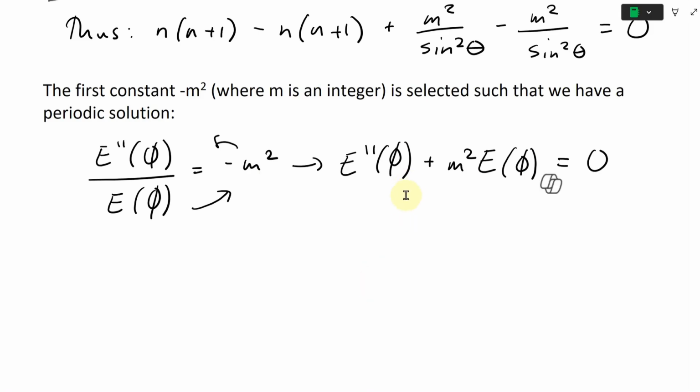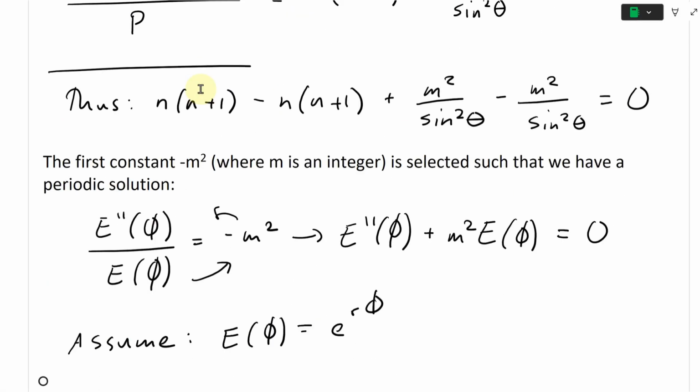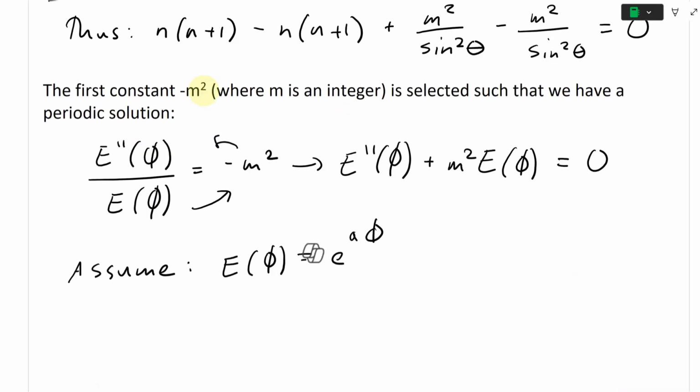But nonetheless, to solve this, what we'll do is assume that phi, so you can find a solution that's an exponential, equals e to the r phi. Actually, instead of using r, because we already have r here, I'll just call it a. So e to the a phi. Now if the solution is like this, assume that that is a solution, and we can actually prove that it is, then find a.